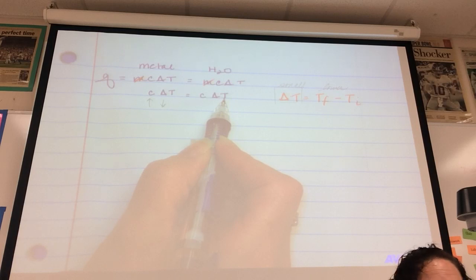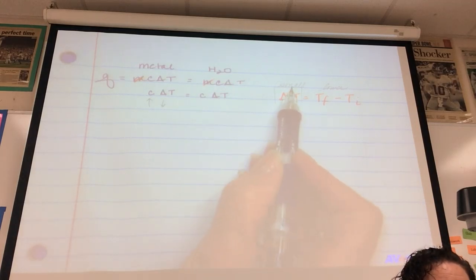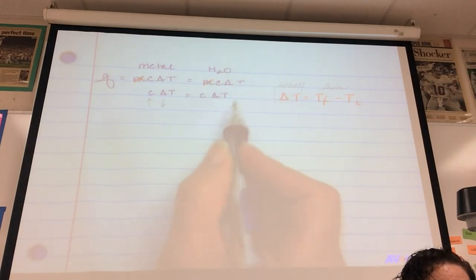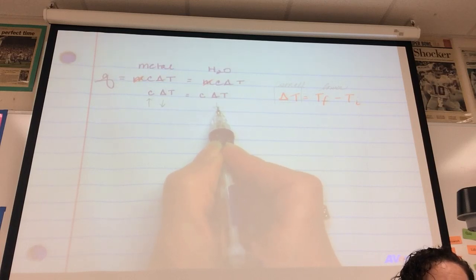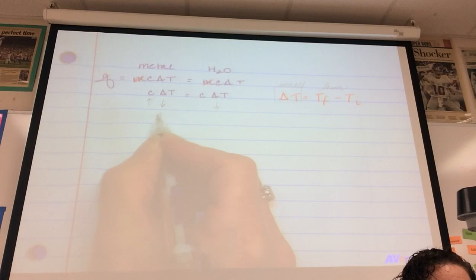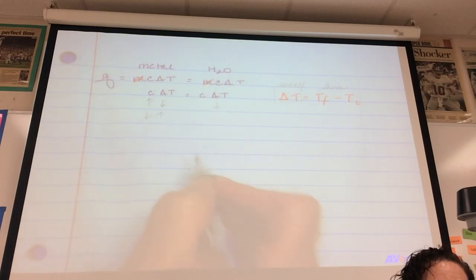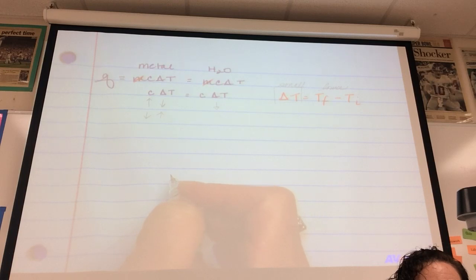But that's not what we want. We want a small delta T for the water. And in order to get a small delta T for the water, that does this. So what would your answer be? Lead. Why? That was right.